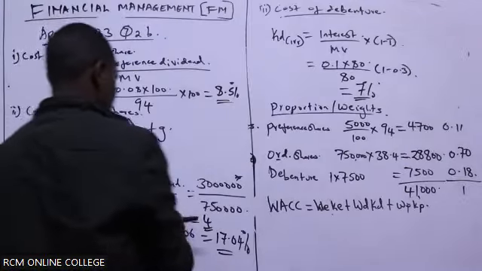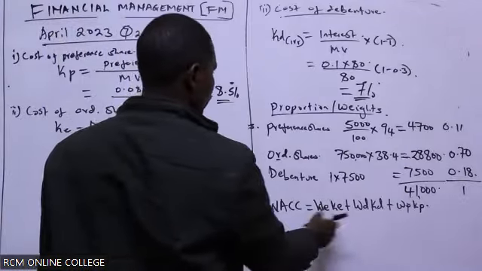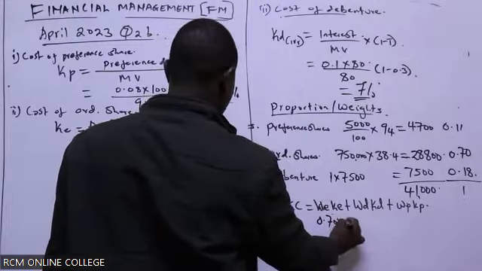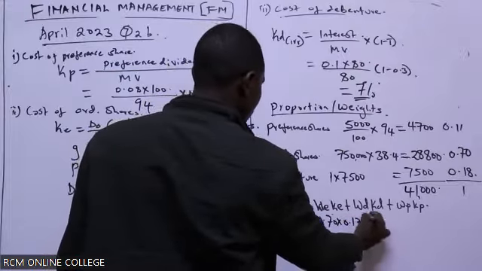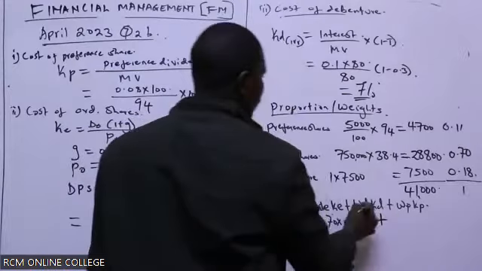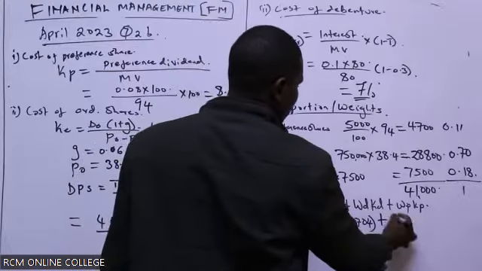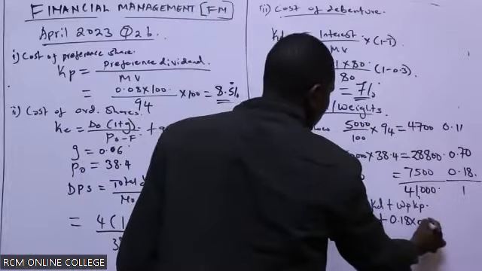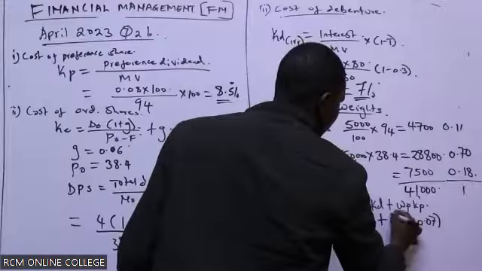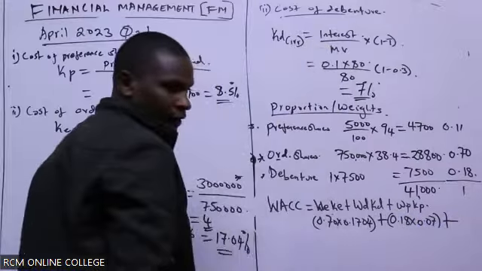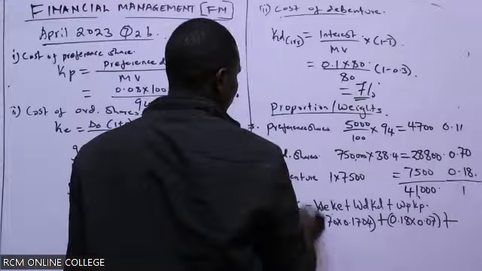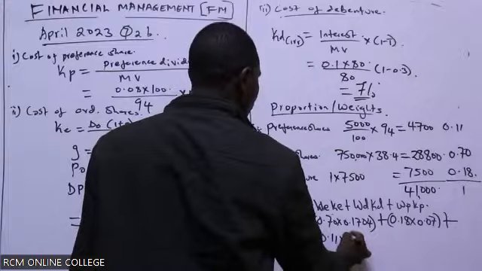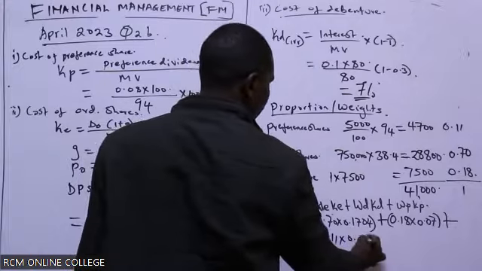Weight of equity iko wapi sasa? 0.70 times 0.1704 plus weight of debt iko wapi? 0.18 times cost of debt 0.07 plus twende kwa hii ya mwisho. Preference share ndio hii: 0.11 times 0.085.